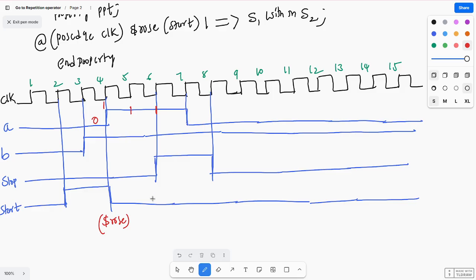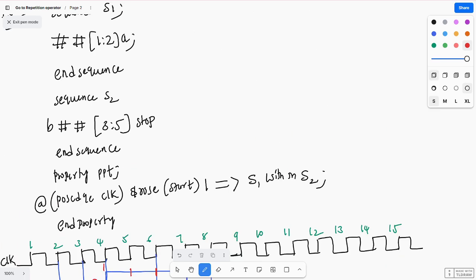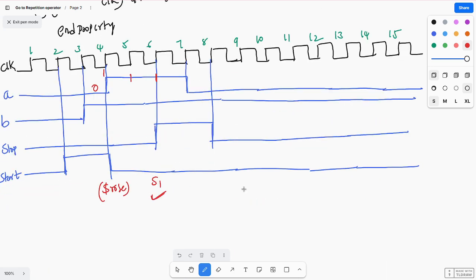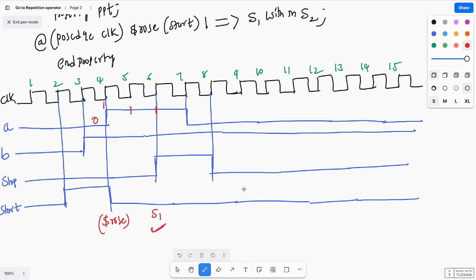So it should be 1 means S1 is pass. And after this, S2. S2 will start at the third cycle, and for the non-overlapping assignment operator, you need to add one more delay. So B should start at the fourth cycle, no? So I need to check at the fourth cycle.